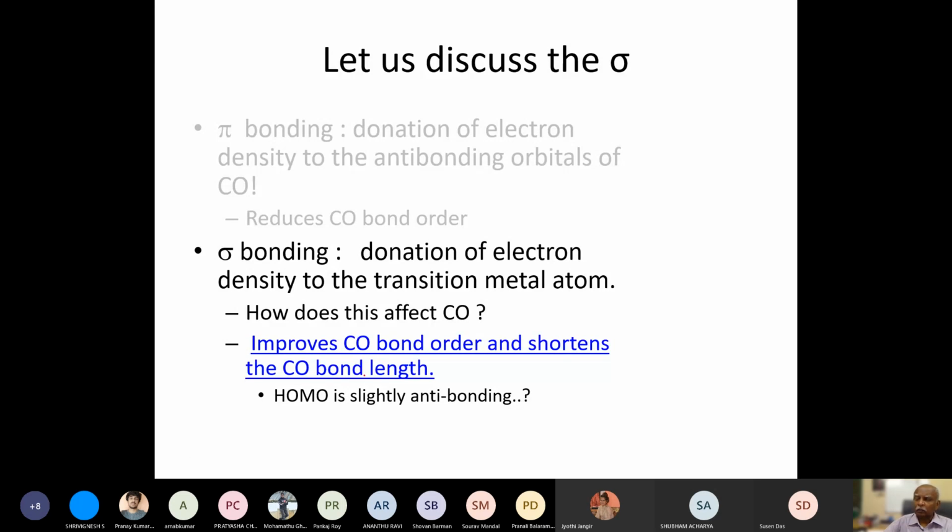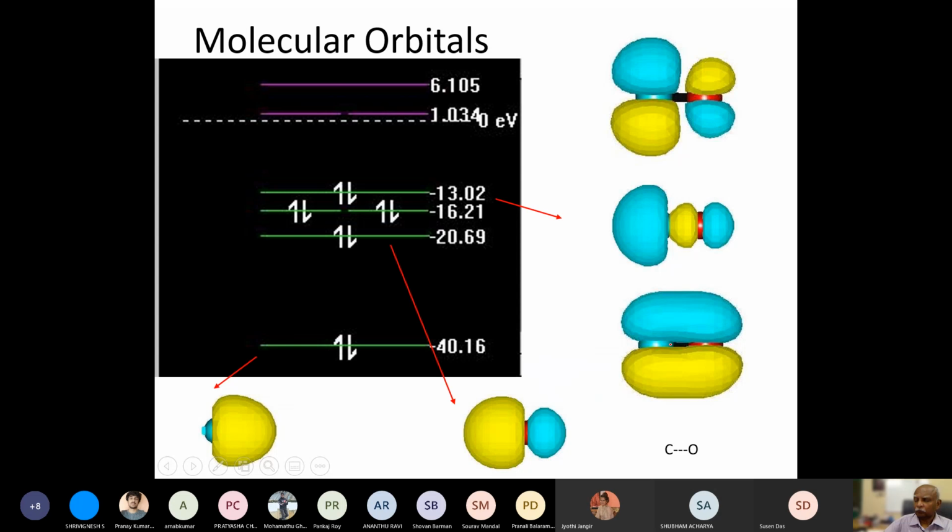and the explanation was that the HOMO, which is what we have been calling the 3 sigma orbital on carbon monoxide, is slightly antibonding. I'll just briefly show you the picture. If I look at the picture, this is my 1 sigma, this is my 2 sigma, this is my 3 sigma.